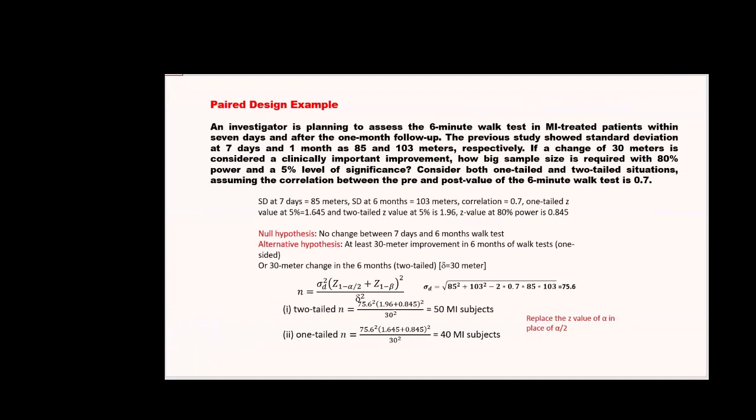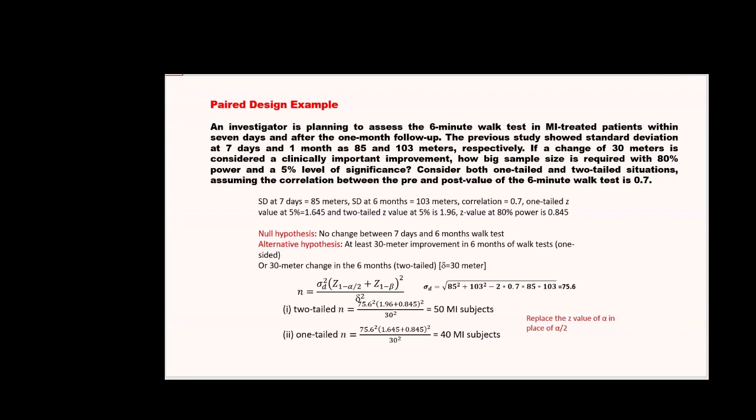So at 7 days and after 1 month, they are assessing the 6-minute walk of the patient. The previous study shows that the standard deviation at 7 days and 1 month is equal to 85 and 103 meters respectively. A change of 30 meters is considered a clinically important difference.